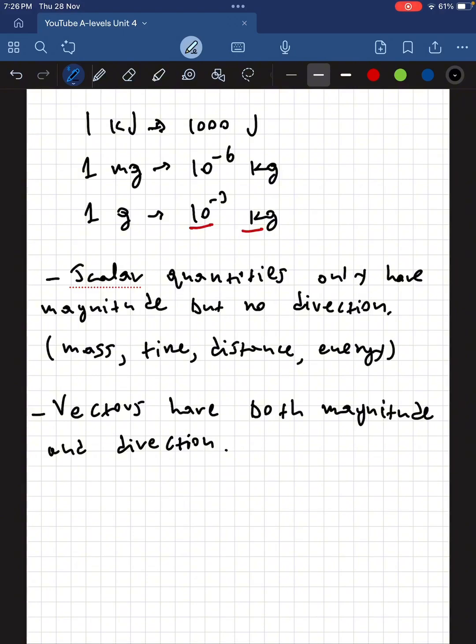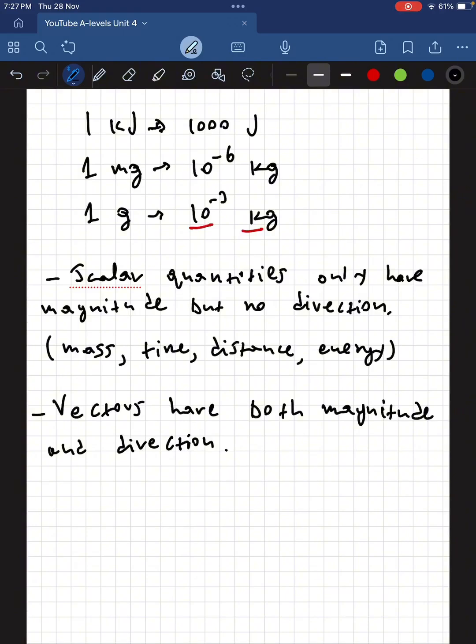In which direction? Don't confuse it with speed. Speed is a scalar. Speed is just the magnitude of the velocity. But when you talk about velocity, you need to specify the direction. So I'm traveling at 100 kilometers per hour northwest or southwest or just north or west, etc. So for vector quantities, you need to specify the direction.